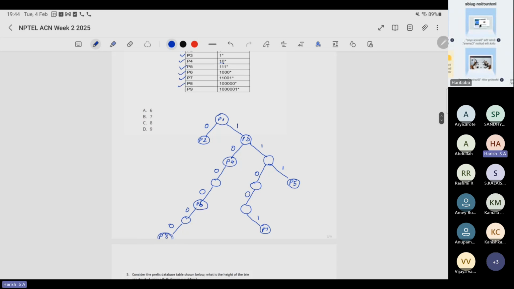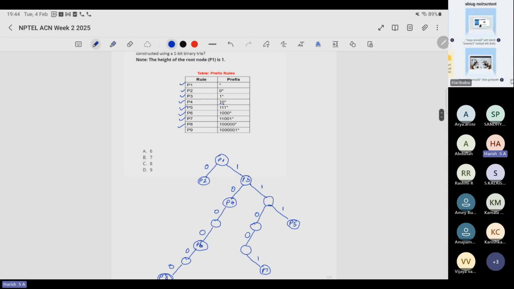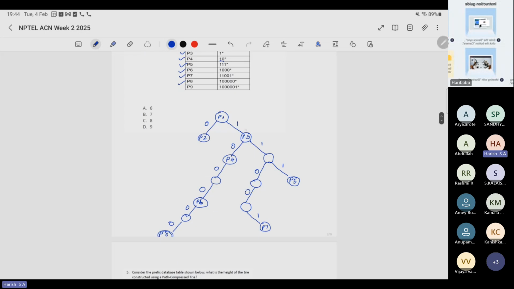Then next is P9, which is 1 followed by 5 zeros and a 1. So this is 1 followed by 1, 2, 3, 4, 5 zeros, and then finally a 1, and this becomes P9.